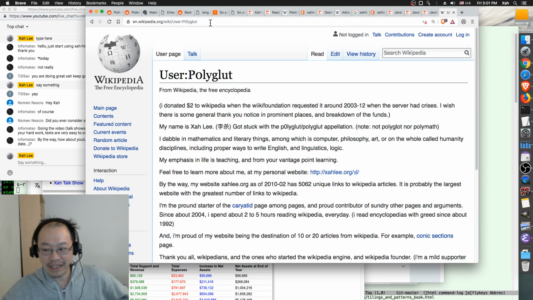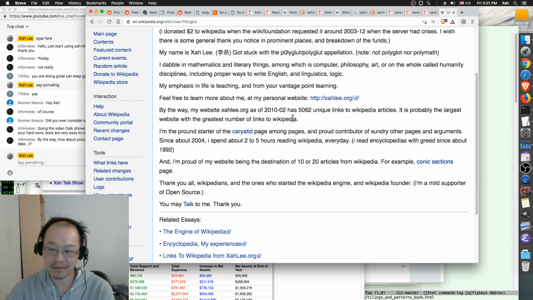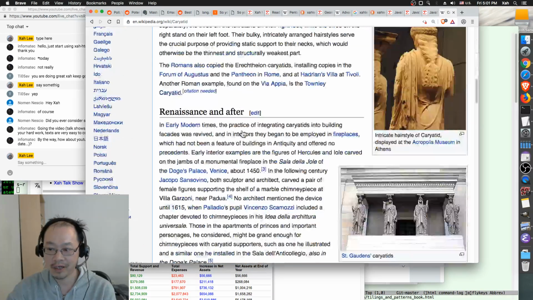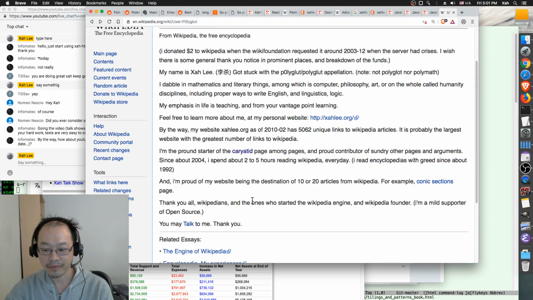I actually edited Wikipedia up to 2010. I contributed. I started a few pages, for example the caveated page, I began that page, and quite a few others. I'm not listing them here.